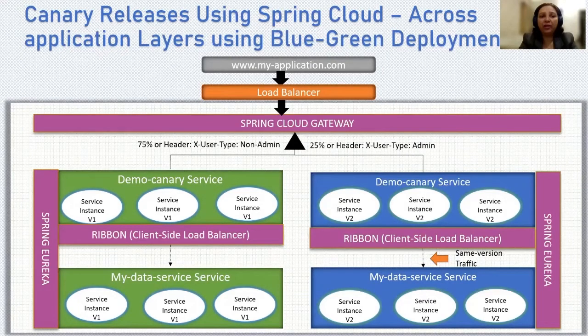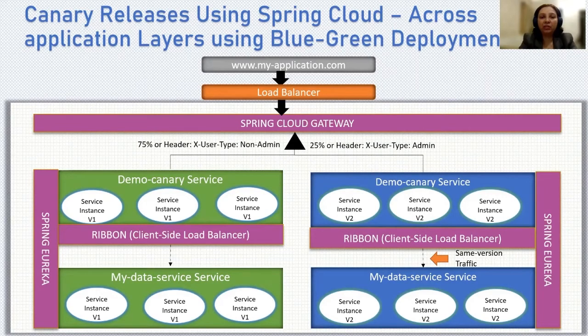What we can do is to have two identical deployments like blue-green deployments, and we need to use Spring Cloud Gateway to split the user's request to a specific application based on headers sent by the client. So all the non-admin users are routed to the green deployment and all the admin users are routed to the blue deployment.